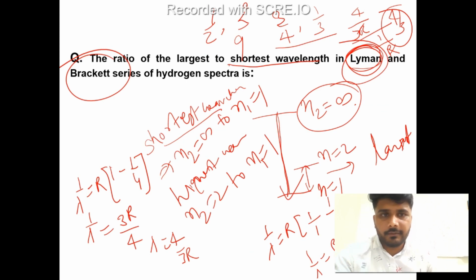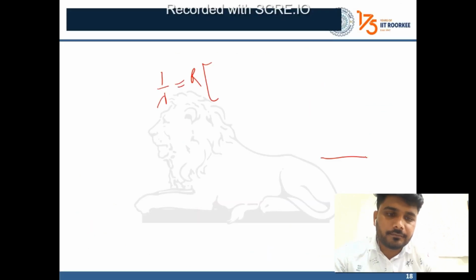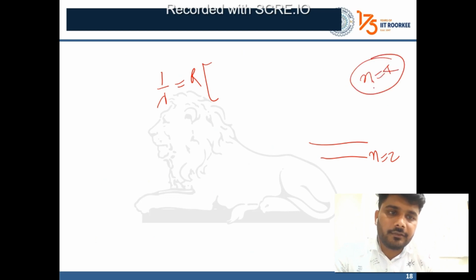For Brackett, it will be n1 equal to 4, right? No, no, no. It will be for Balmer.